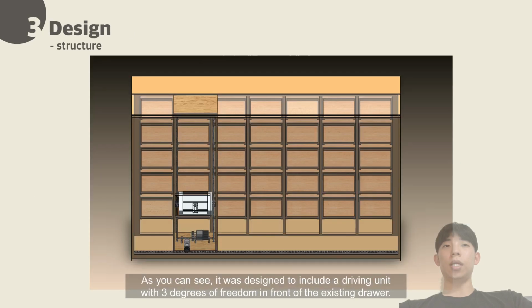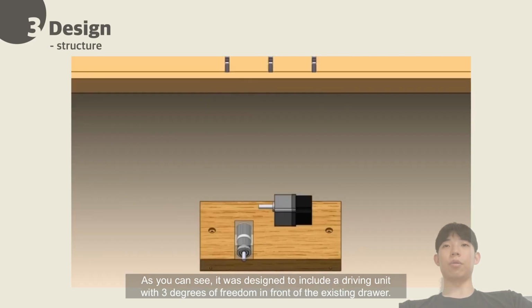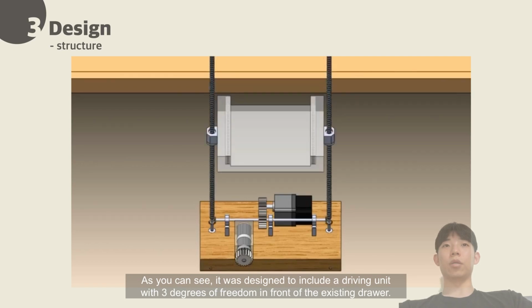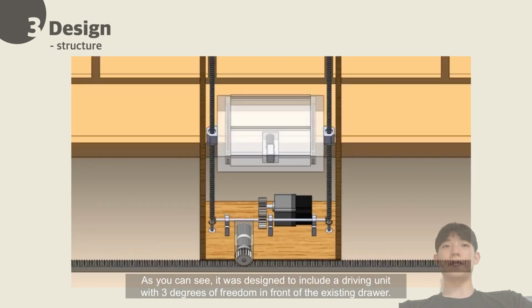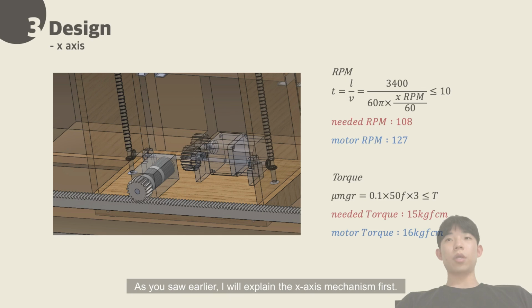As you can see, it was designed to include a driving unit with 3 degrees of freedom in front of the existing drawer. As you saw earlier, I will explain the x-axis mechanism first. The rack and pinion mechanism is adopted.